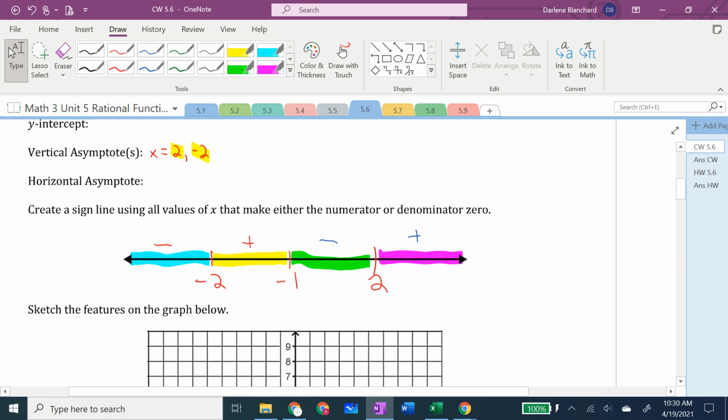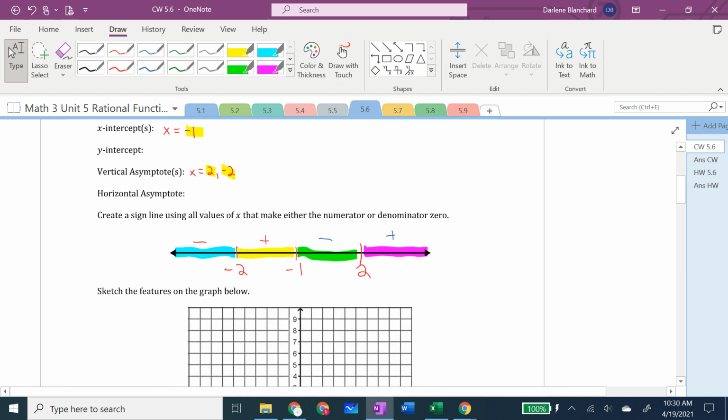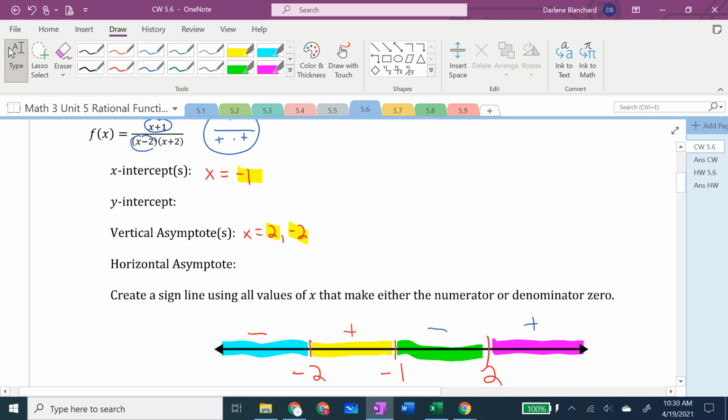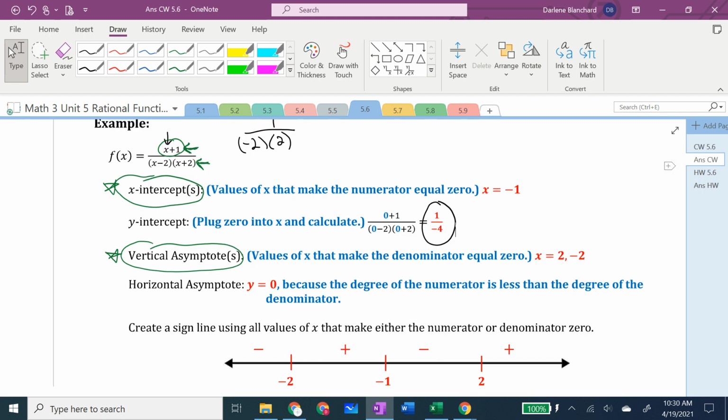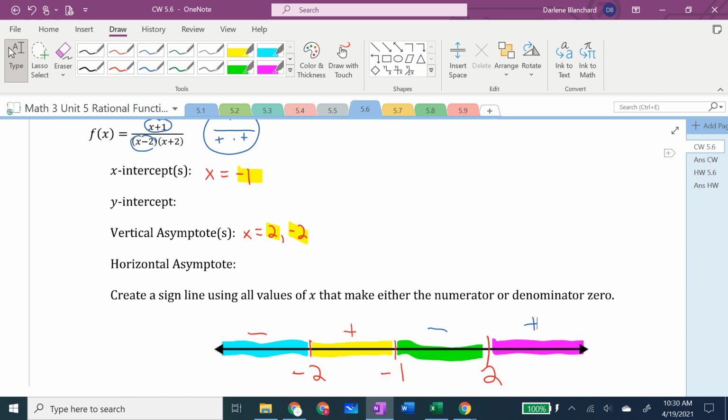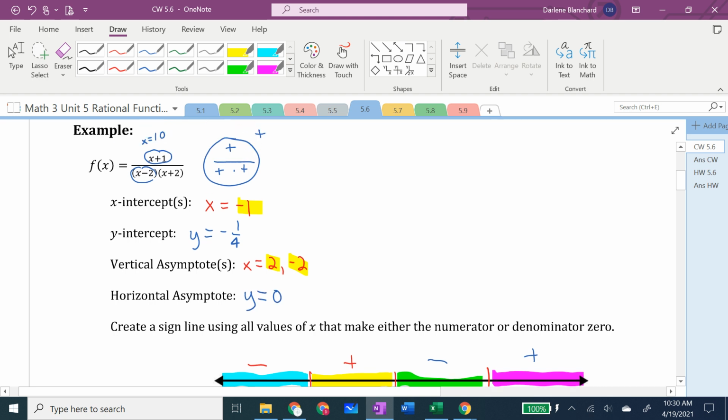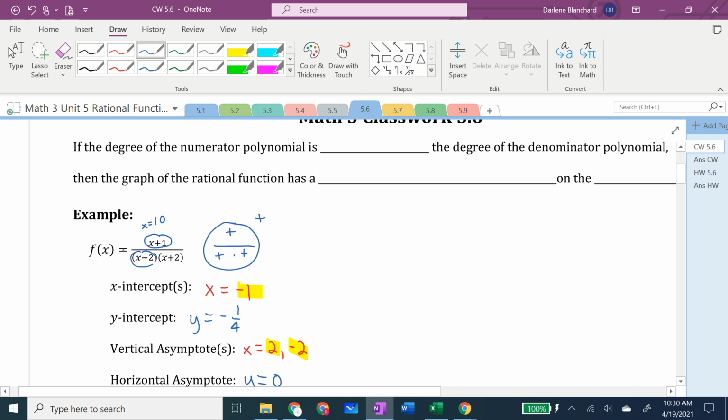Now, what are you going to do with it? Well, first of all, let's draw in the information that we got originally. We originally found the y-intercept is negative 1/4. The x-intercept is negative 1, there are vertical asymptotes, and we got that the horizontal asymptote is 0 because we have degree 1 over degree 2.